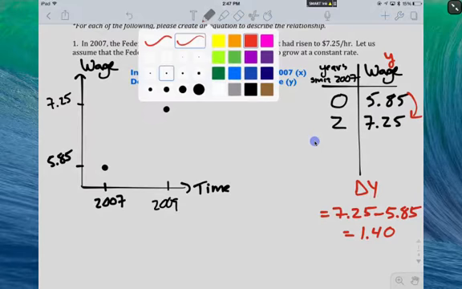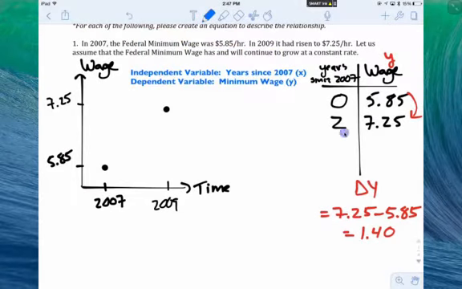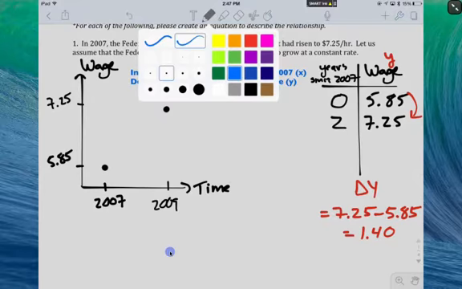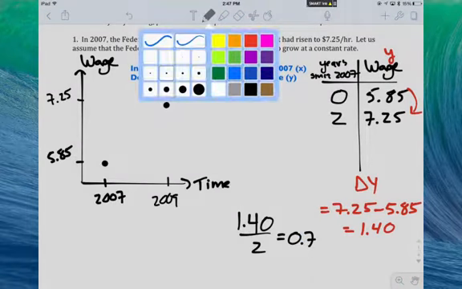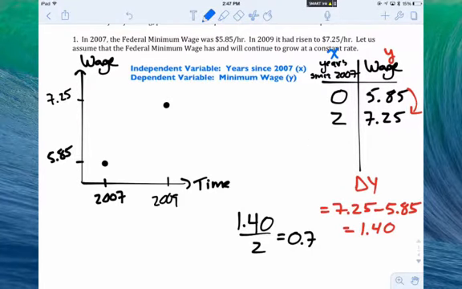So that is how much more the minimum wage was. And how many years did that take to do? It took 2 years for that to happen. So I think that per year, the minimum wage went up by $1.40 divided by 2 for a grand total of 70 cents. So that means that every 1 year, the minimum wage went up by 70 cents. And just to be thorough, I'm going to go ahead and say that the change in x, right, was, let's see, 2 minus 0.